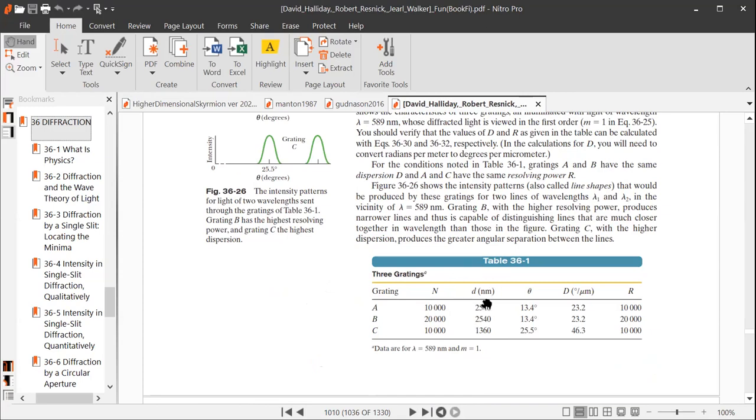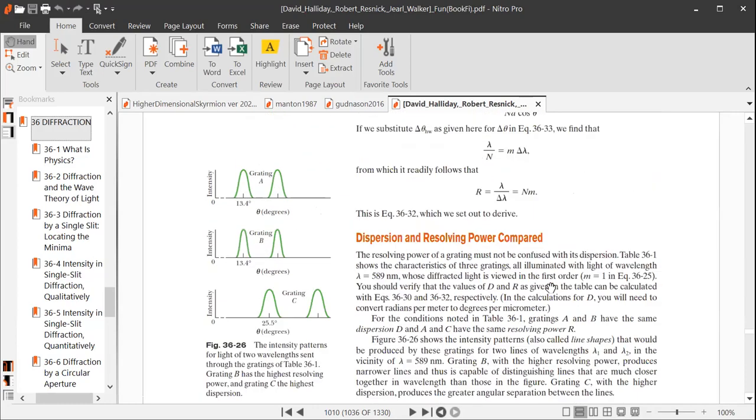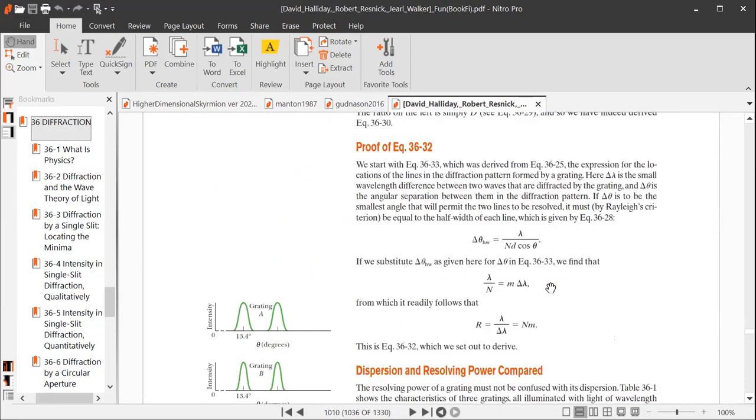And the distance between slits is this one, in nanometer, 2,540. This theta is the same, this D is the same, but R is different. There is the resolving power.